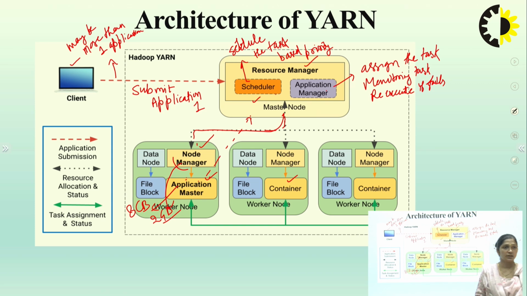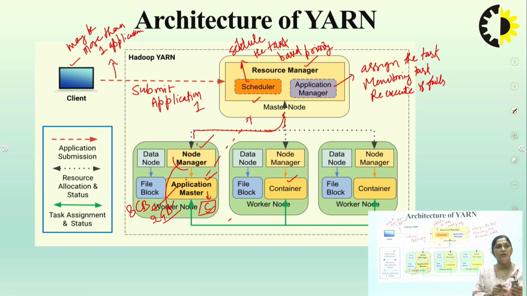What is a container? A container is just a memory. So, there is one more term, that is container here. Right? So, in that case, the application master will execute the particular task.